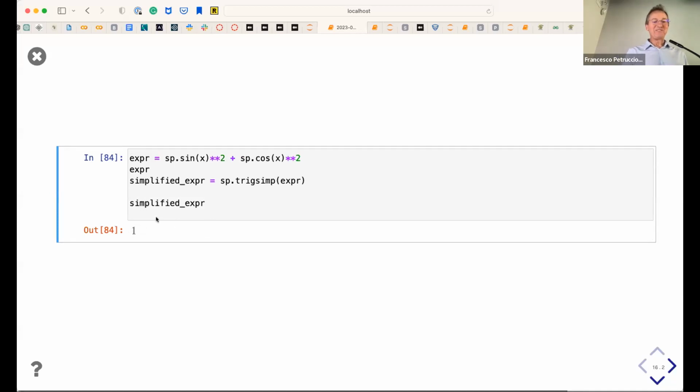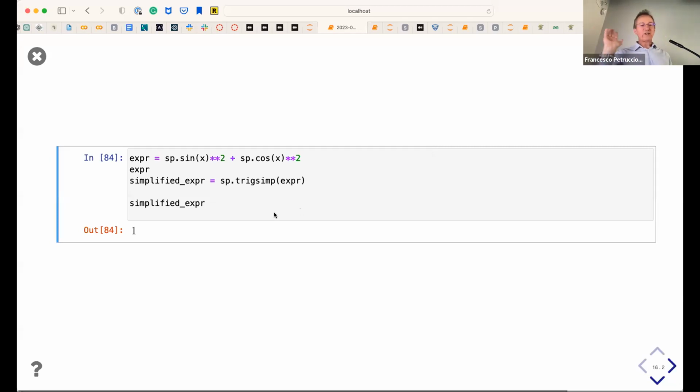I didn't see it. What we have here is sine squared plus cos squared. You all know the sum is 1, but we just want to see if SymPy knows. And SymPy, of course, knows. Sorry, it was so small I didn't see it. It's just 1.